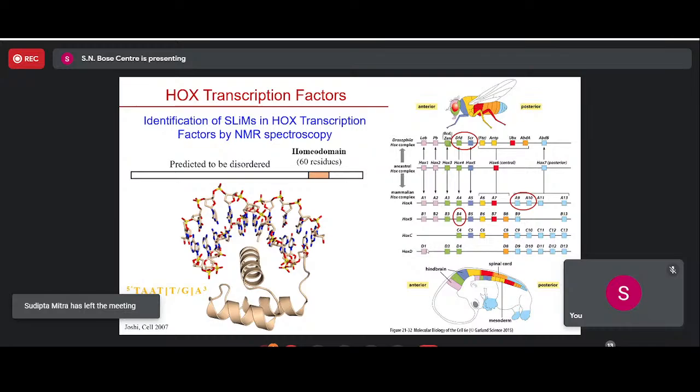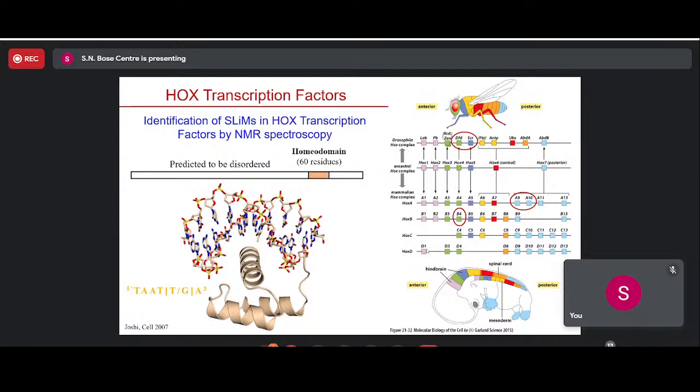So different lineages are formed, and these proteins play an important role in that. And it's not surprising that these proteins are involved in different forms of leukemia. So that's the motivation of why we are looking at these human proteins, and to understand the basic principles, we are looking at Drosophila proteins.